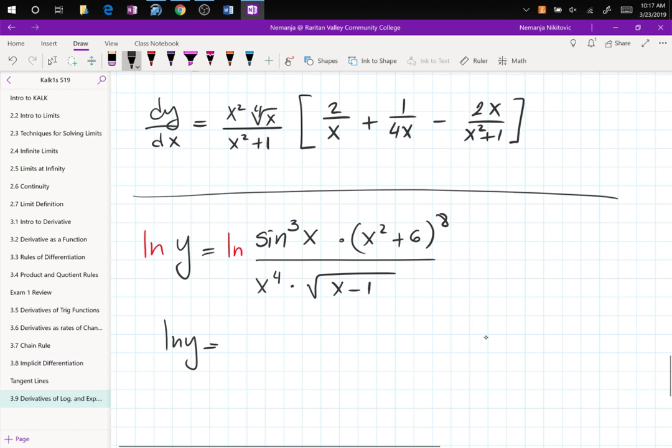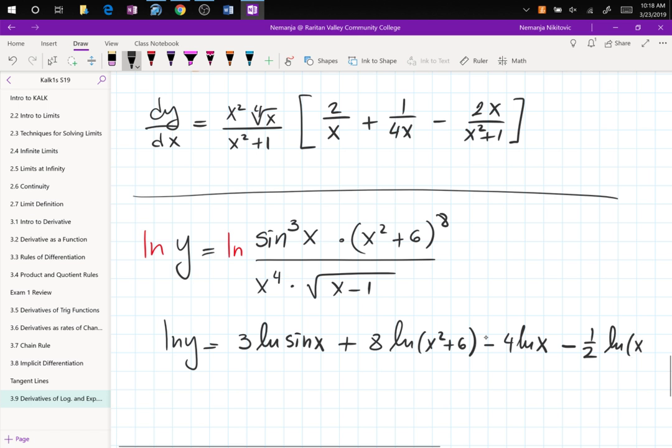All right, let's go. So this is going to be 3 ln sine x plus 8 ln x squared plus 6 minus 4 ln x, and here is the grade killer. Ready? Minus 1/2 ln of x minus 1.